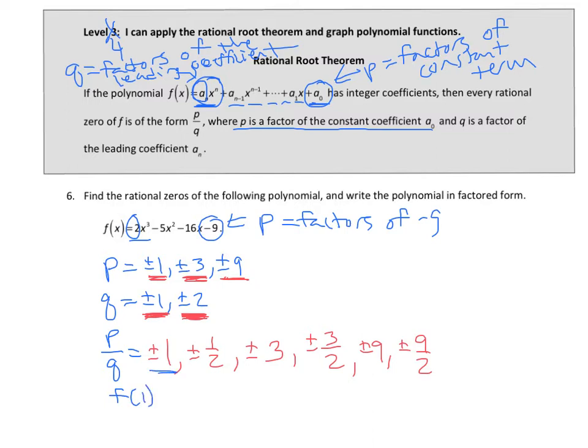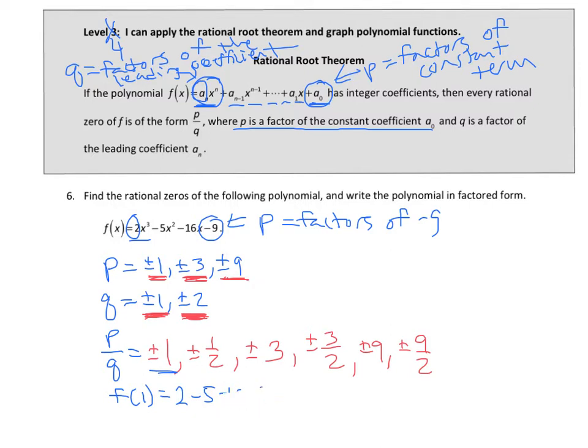If I plug in 1 for all the x's in f of x, I get 2 minus 5 minus 16 minus 9. I just want to know if it equals 0 or not, and that definitely does not equal 0. So that is not going to be one of my rational zeros.